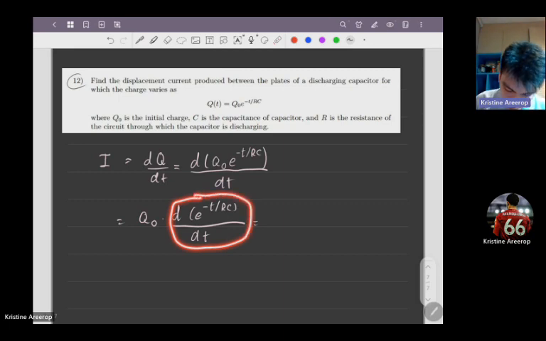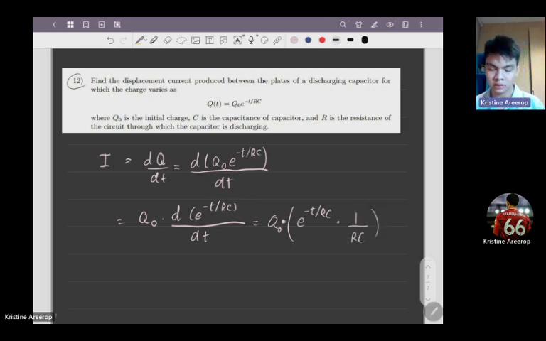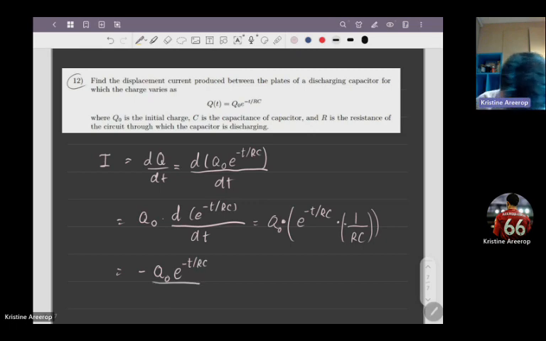I consider this differential using the chain rule, and its value is e power negative t by RC multiplied by 1 by RC, which equals negative Q0 e power negative t by RC by RC.